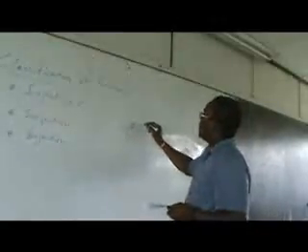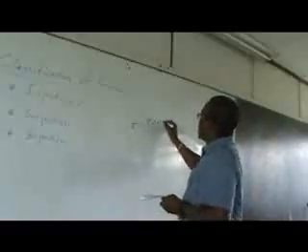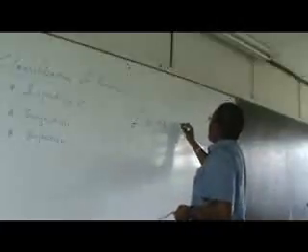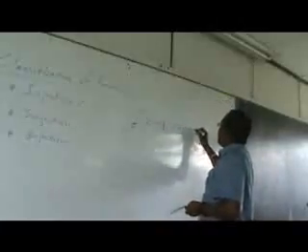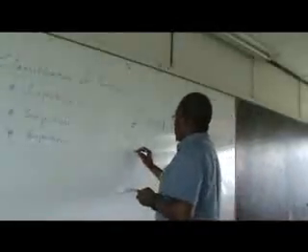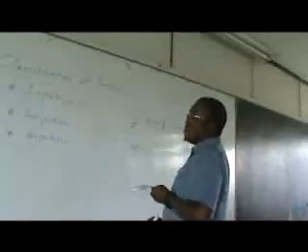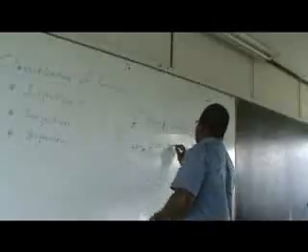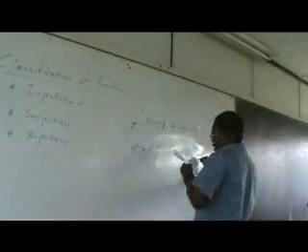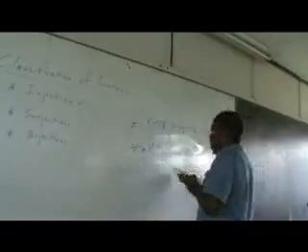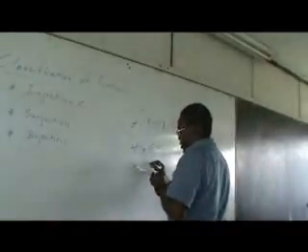Now if f is a function, x maps onto y, is injective if and only if, for every a, an element of x, there exists a unique b, an element of y.